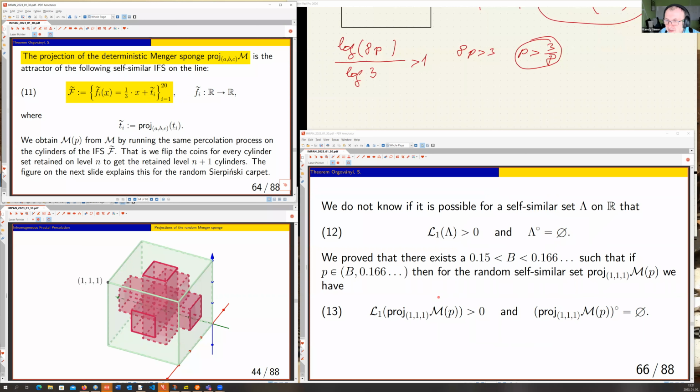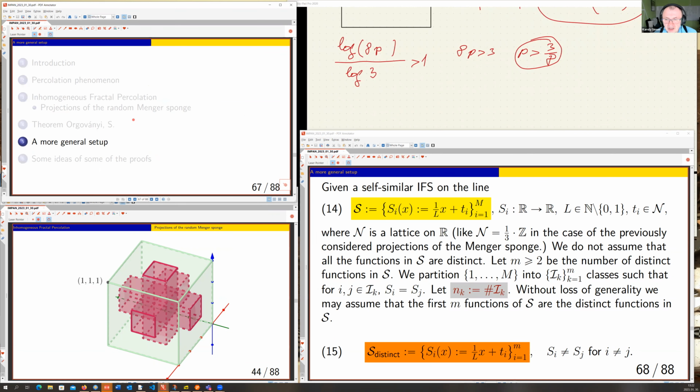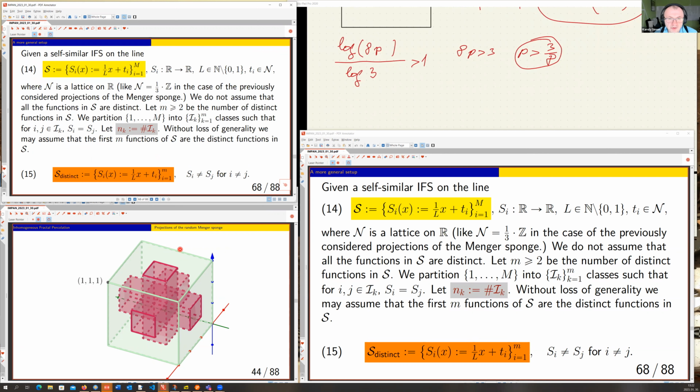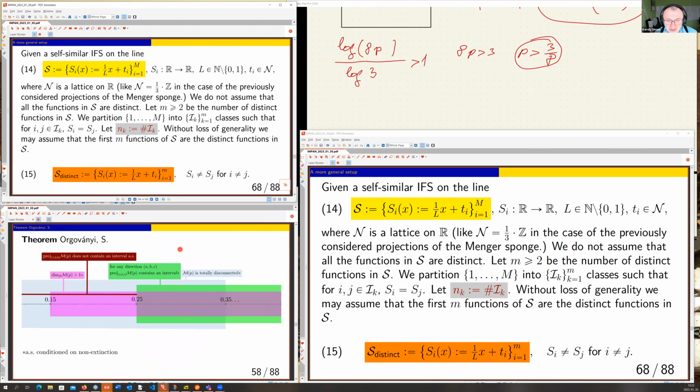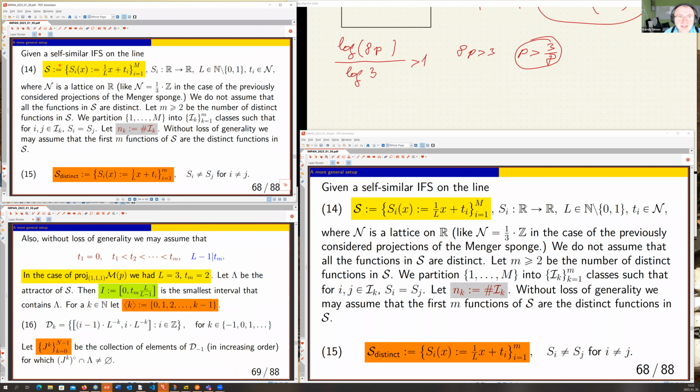Okay. This is just a repetition of what I have already said, and I still have a little time, so I would like to tell you what we really do, or how we prove all of this. We consider a more general setup.